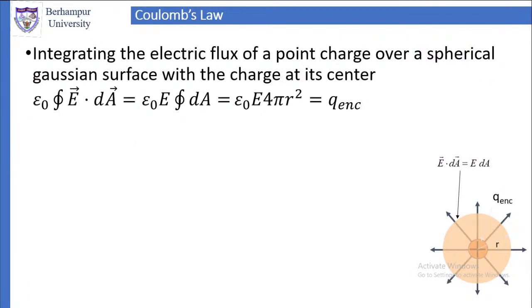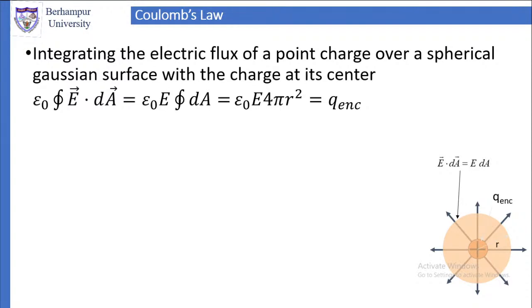Now, from Gauss law, let us see the fundamental law of electricity, which is represented by Gauss law. What we'll do is integrate the electric flux of a point charge over a spherical Gaussian surface with the charge at its center. So look at the figure.